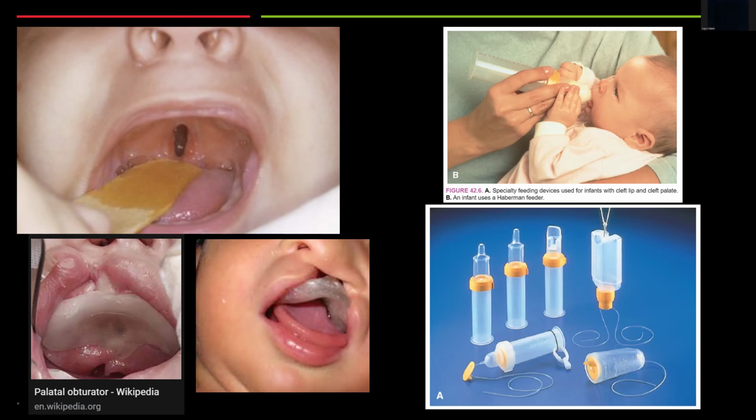It's a bottle specifically made for babies and infants with cleft lip and cleft palate. And so you can see on the picture below that with the blue background, there's a couple of Haberman feeders. There's another type of feeder that kind of reminds you of a spoon. Then there's three different devices that can be used with either finger feeding or breastfeeding.